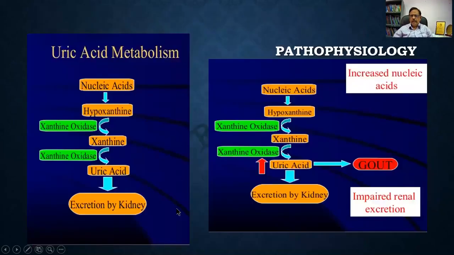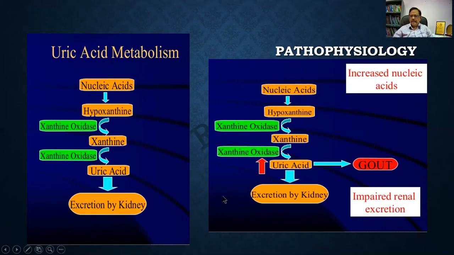This is a normal uric acid metabolism. I am not going into it. In this condition, you find there are two lesions basically. One is an increased amount of turnover of cells which can produce increased nucleic acid, and then the metabolism. And finally, you find that there is uric acid excess, which can lead to gout.